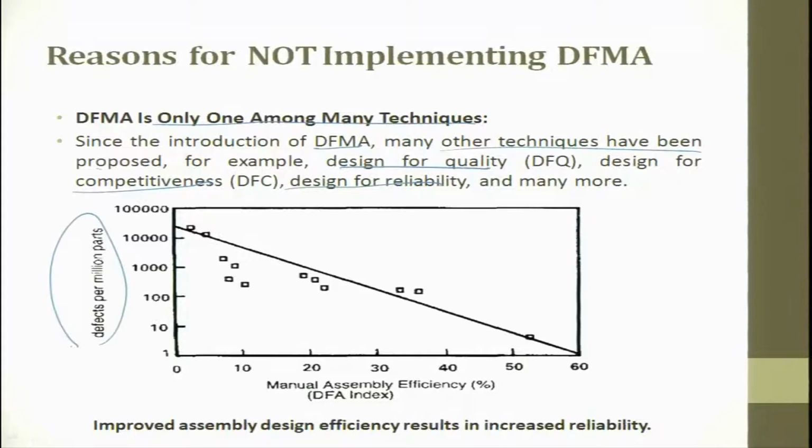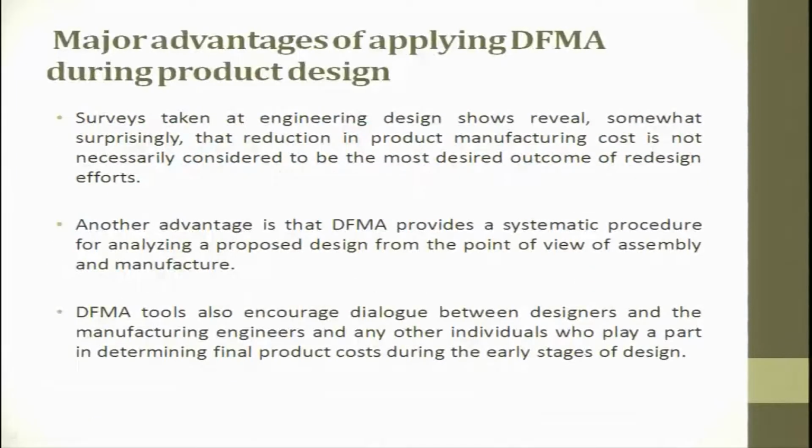So here are defective parts and here is manual assembly efficiency. You can see that the efficiency for manual is 60%. The major advantages of applying DFMA during product design are many. A survey taken of engineering design shows, somewhat surprisingly, that reduction in product manufacturing cost is not necessarily considered the most desirable outcome of redesign efforts.